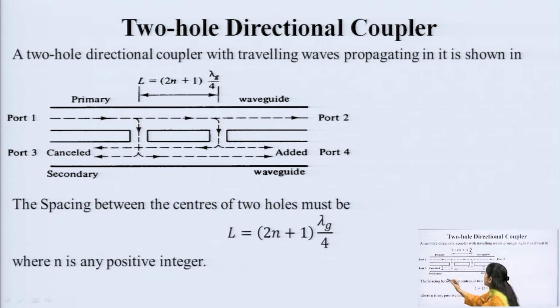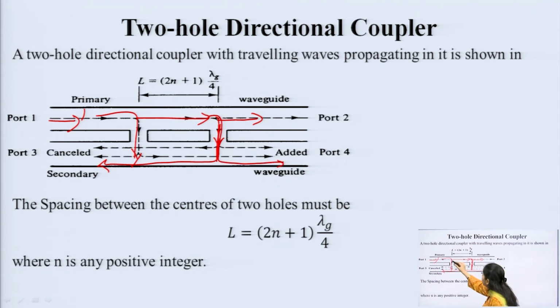So, when the power is given to port 1, what will happen? It will first go this way, and go through this hole, and one will go like this, and whenever it comes like this, again one will go like this and one will go like this.